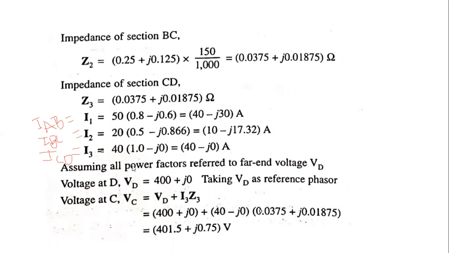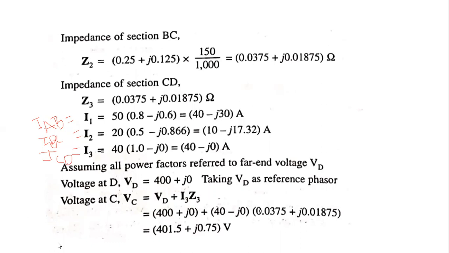In this case, we are considering the power factor referred to the far end voltage. Power factor referred to the receiving end voltage is the first case, and the second case is power factor referred to the far end voltage, that is VD. This is the receiving end voltage.